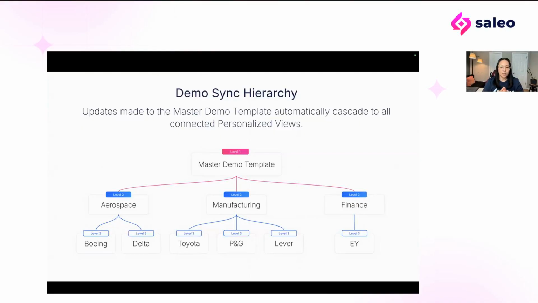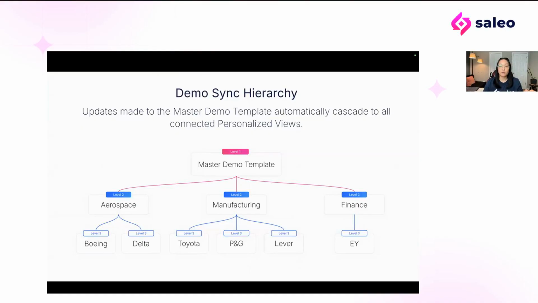A couple things that I'll mention here is that you want to be mindful about when you're creating parent demos and personalized views versus when you're creating duplicates of demos. One thing to remember is that if you duplicate a parent level demo, that breaks it off from that hierarchy. So you also have to think about how many parent level demos do you want to be maintaining over time.